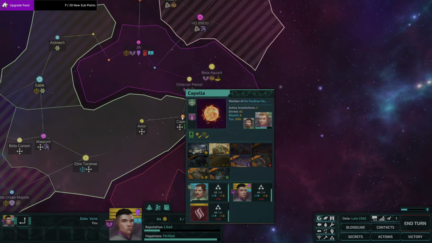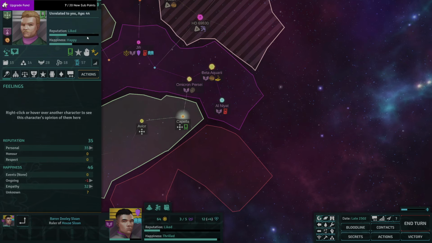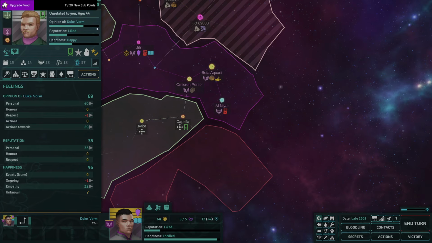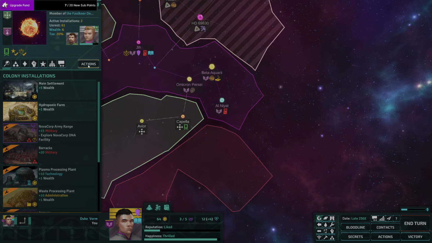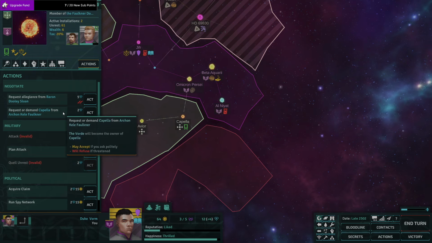How we doing over here? I think there's diminishing returns as you get closer to max, so this bar progress is going to slow. It's pretty good. I'm wondering when's a good time to kick this off, to make a first request. If it's refused, I think there's some bad feelings, so I do want to try to get it as high as I can.